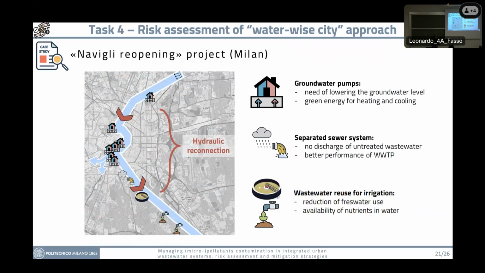So we can use the water that is already a good water for agriculture. This part is currently already present in Milan. So what we needed to implement as a future project is all the part with the groundwater heat pumps and the separated sewer system.